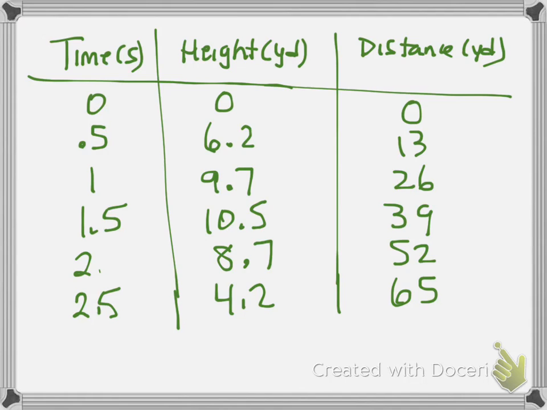Between 0 seconds and half a second, what's the change in height? 6.2. What's it between the half second and the whole second? 3.5. Between 1 second and 1.5 seconds? Should be 0.8. How about between 1.5 seconds and 2 seconds?